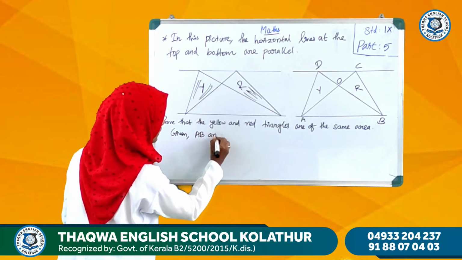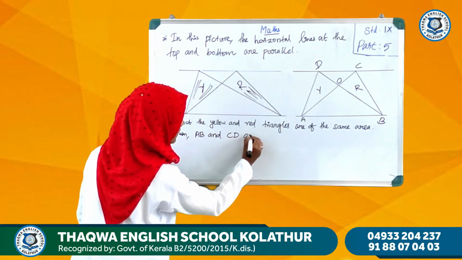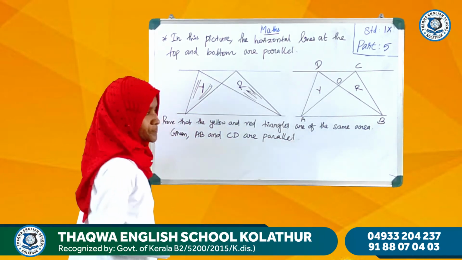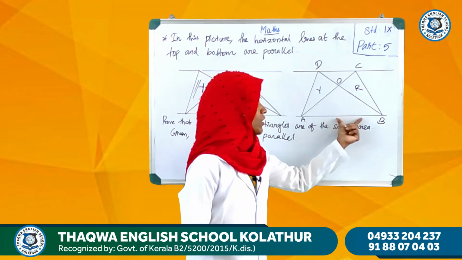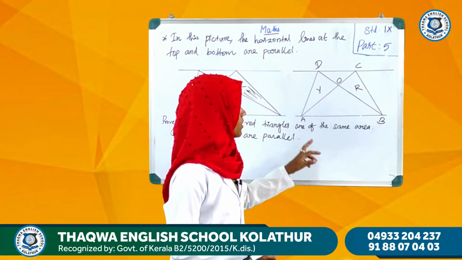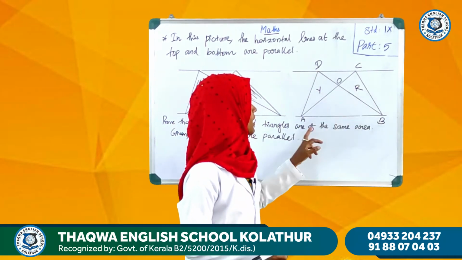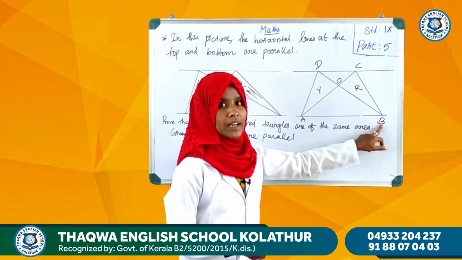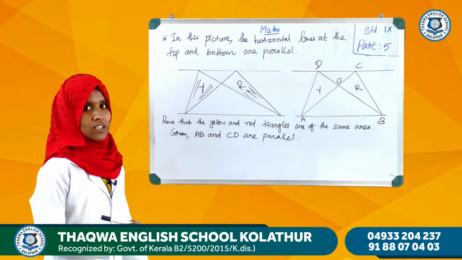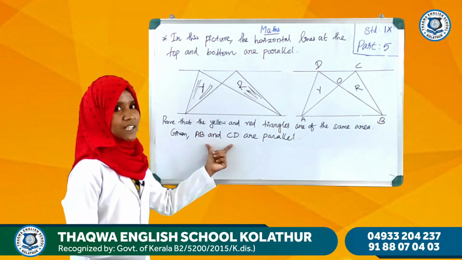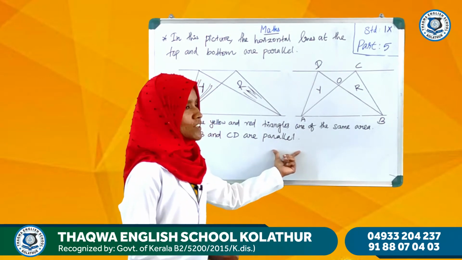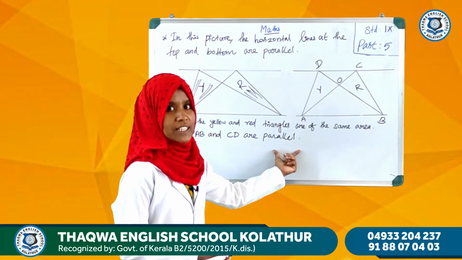From this we can say that area of triangle ABC and area of triangle ABD are equal. Okay. Why? What is the reason? Since AB and CD are parallel. Our first result. Did you remember that?